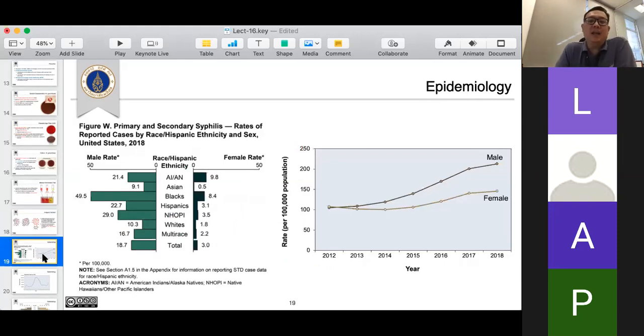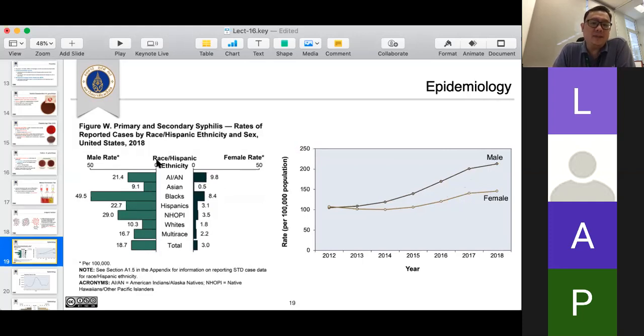Interesting in epidemiology, this statistic comes from actually last year. Looking at the American population, males get infected more than females for gonorrhea.